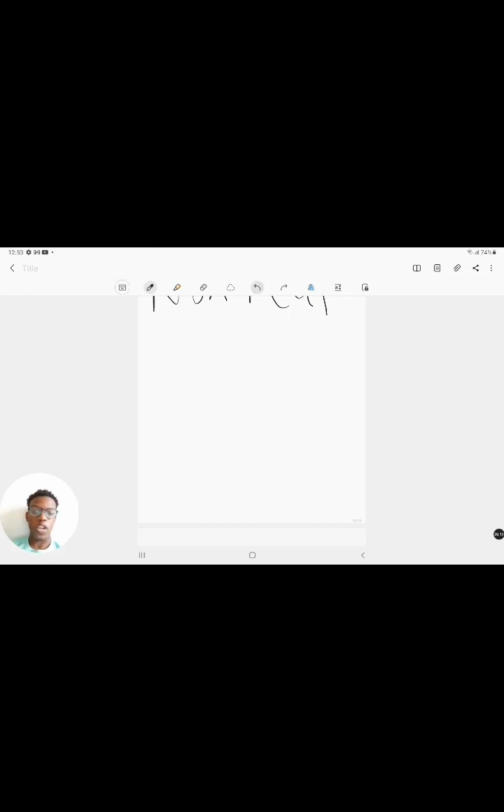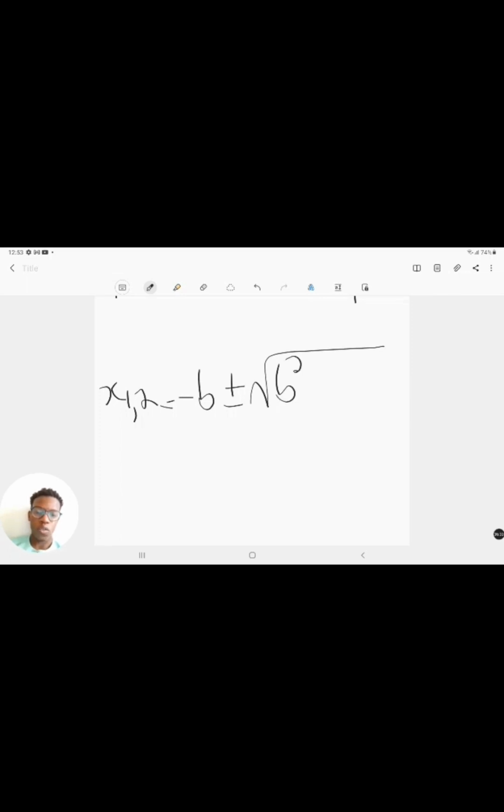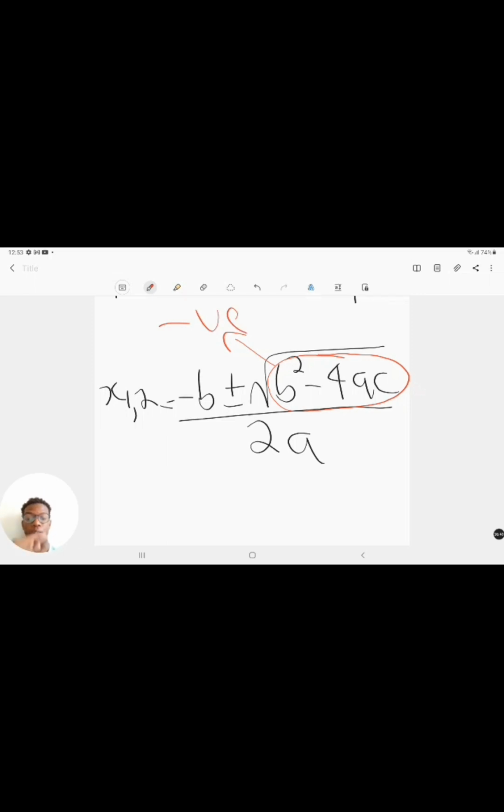If you look at the quadratic formula, you've got x1 and x2 is equal to minus b plus or minus the square root of b squared minus 4ac, all over 2a. If that expression is negative, then I will have the square root of a negative number, because that expression is underneath the square root.